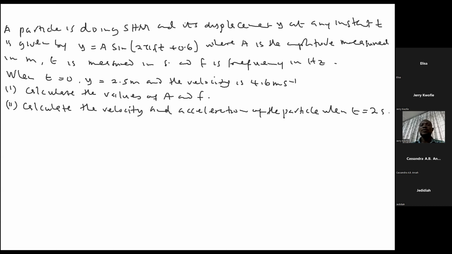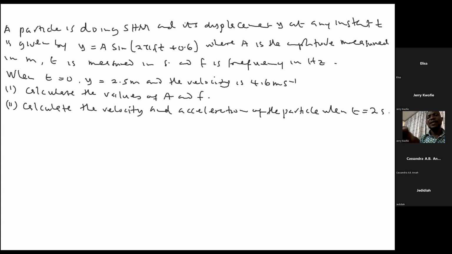When t is equal to 0, y is 2.5 meters and the velocity is 4.6. We should calculate the values of A and f and the velocity and acceleration of the particle when t is 2 seconds. How do we go about this?